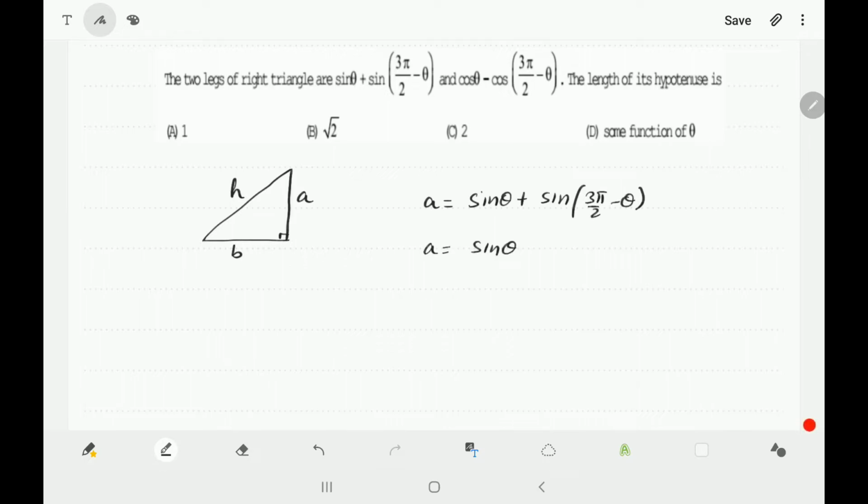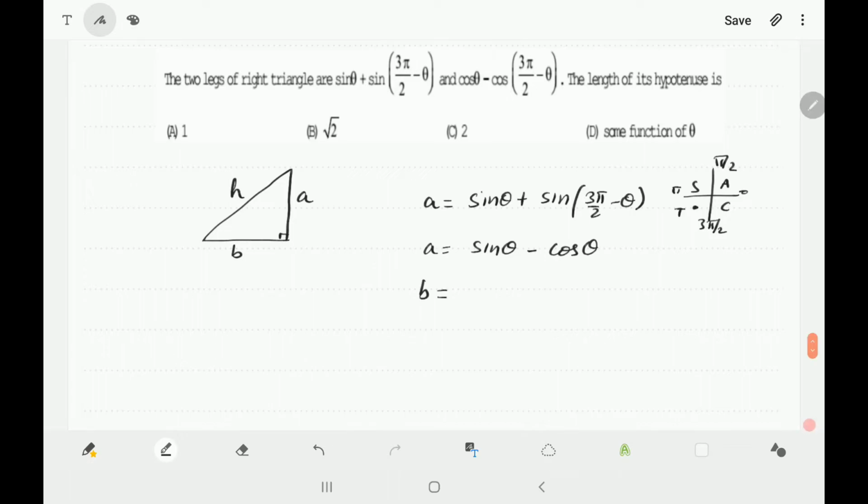Now 3 pi by 2 is 0, pi by 2, pi, 3 pi by 2. 3 pi by 2 is 270 degrees. So 3 pi by 2 minus theta will be in the third quadrant, and we have all sine, tan, cos. So in the third quadrant sine is negative. So this value will be minus cos theta, because it is an odd multiple of pi by 2. So first it will change to cos, then you will put the sign, and sine is negative in the third quadrant. Okay, so it will be minus cos theta.